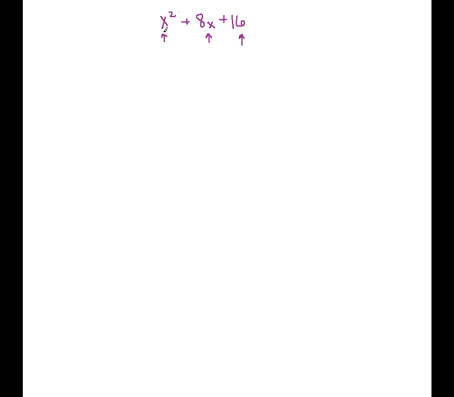We like to see things arranged in descending order because then we can look at the leading coefficient and call that a. In this case, that leading coefficient is just 1. The coefficient on the x term we call b, which is 8 in this situation, and the constant at the end we call c. In this case, c equals 16.